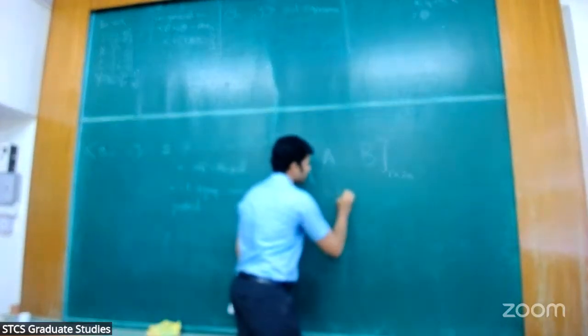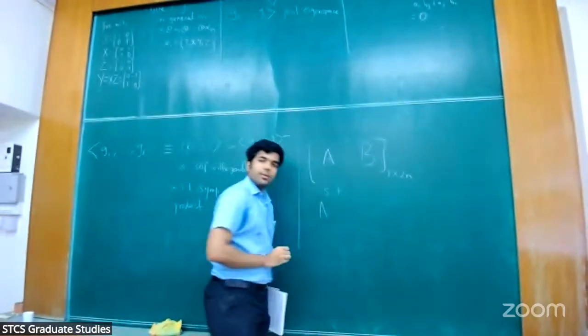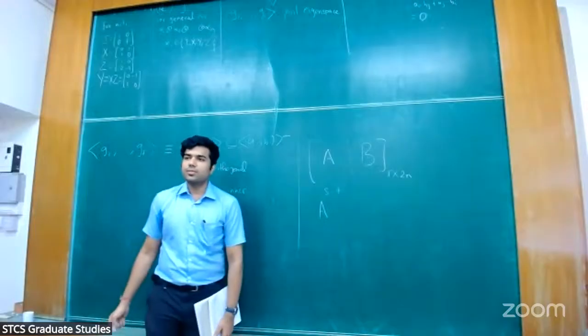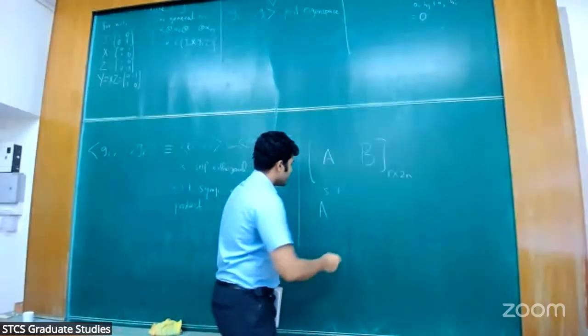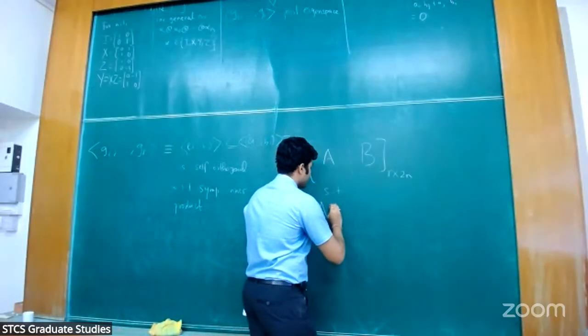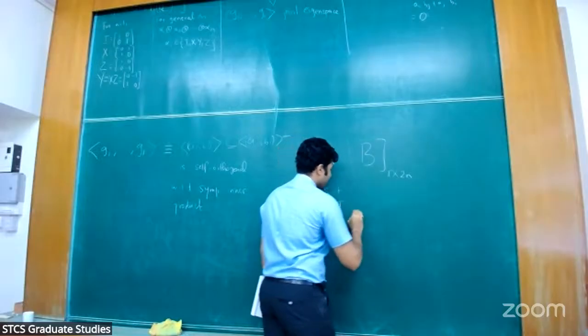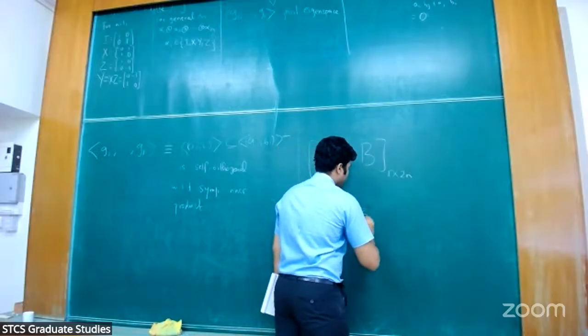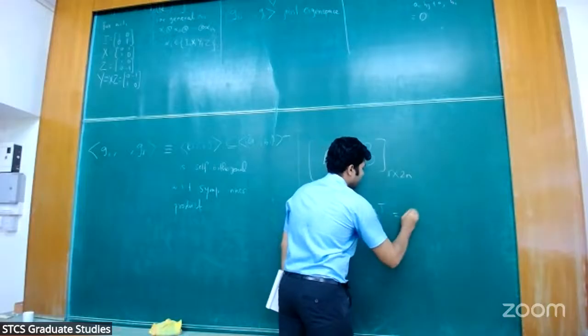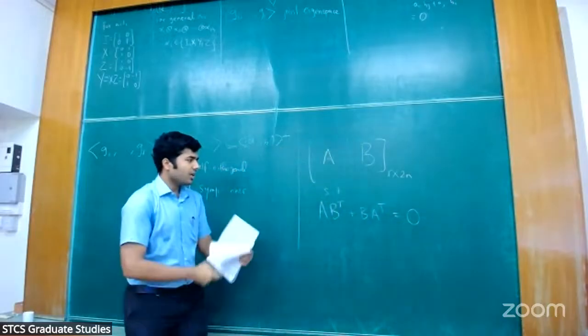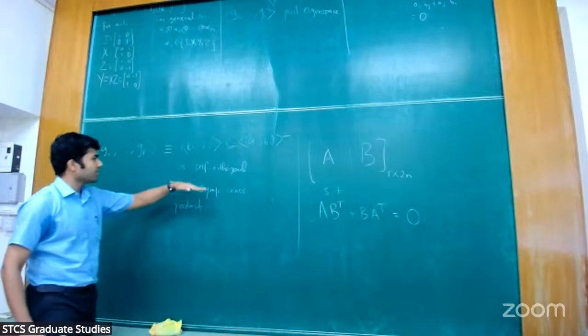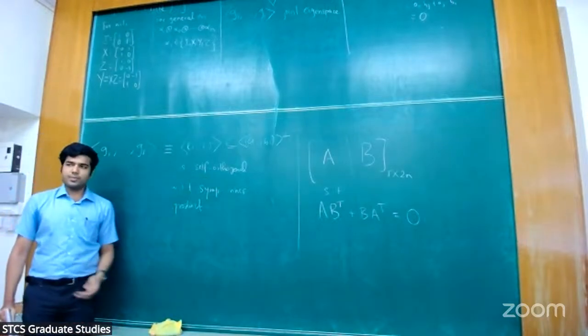This is a matrix over F_2? Yes. Such that A times B transpose plus B times A transpose should be zero. And this condition is essentially this self-orthogonality condition.